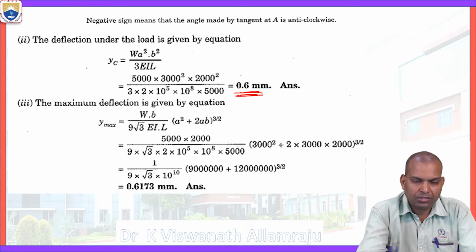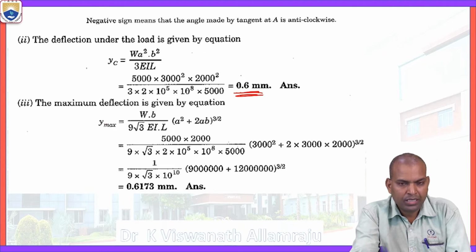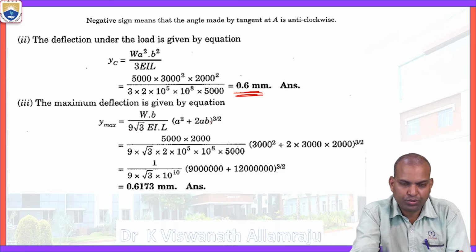Now the third objective is the maximum deflection. What is the maximum deflection formula? Y maximum is WB by 9 times root 3 EIL times (A square plus 2AB) power 3 by 2.